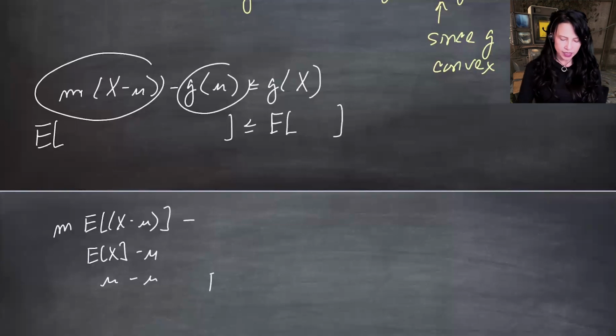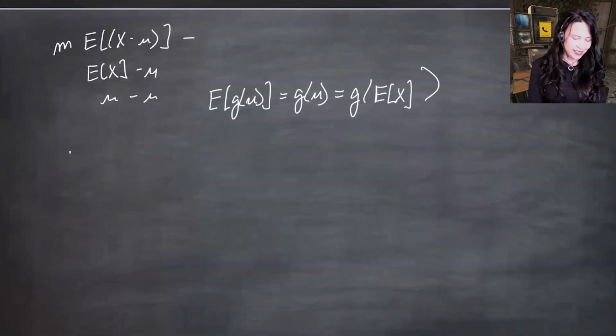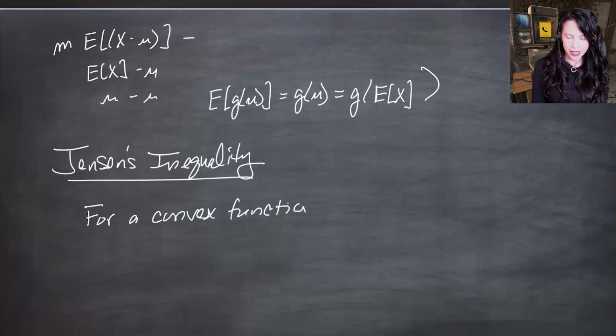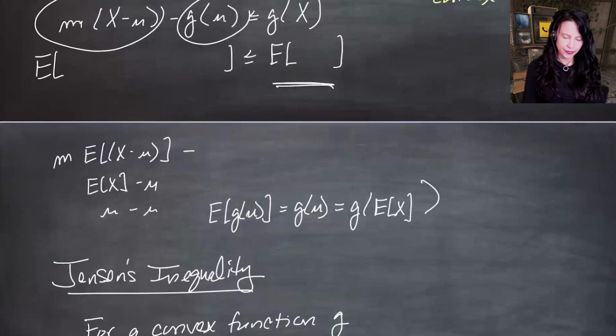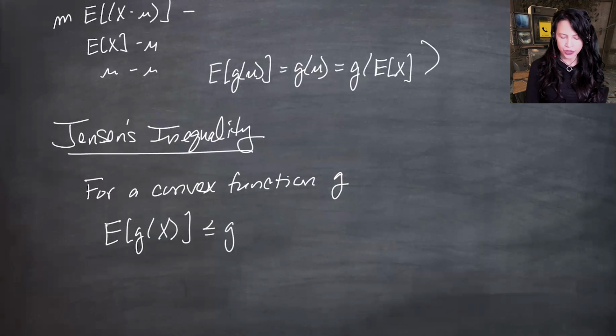So the expected value of g of mu is just g of mu, and that is g of the expected value of X. And on the right side, you get the expected value of g of X. So here it is. Here's Jensen's inequality. For a convex function g, the expected value of g of X is less than or equal to g of the expected value of X.